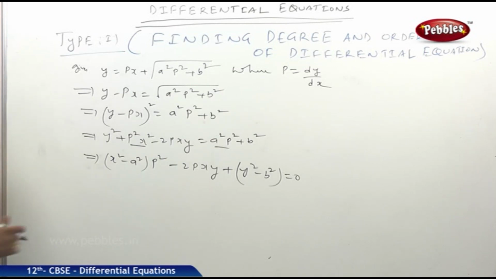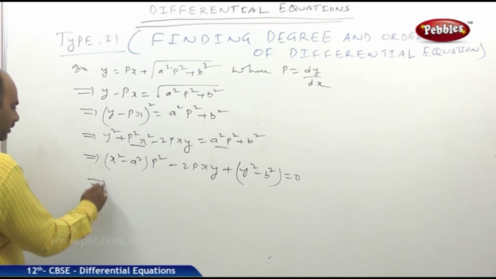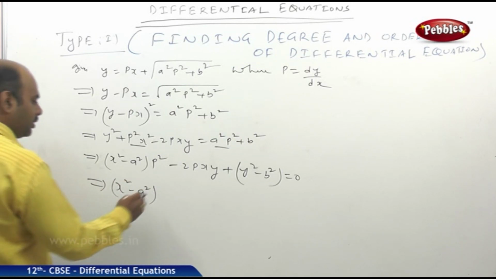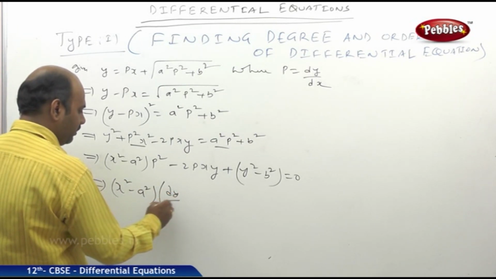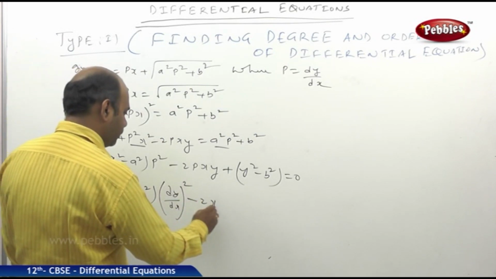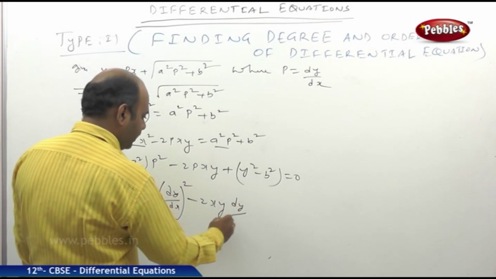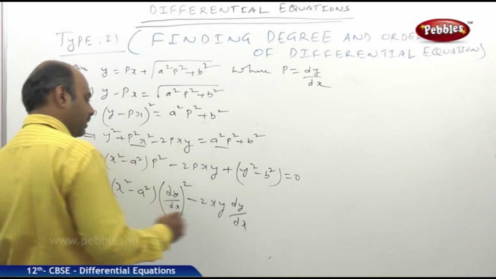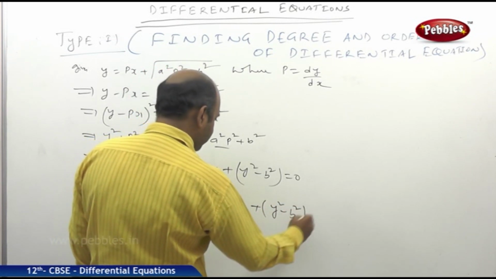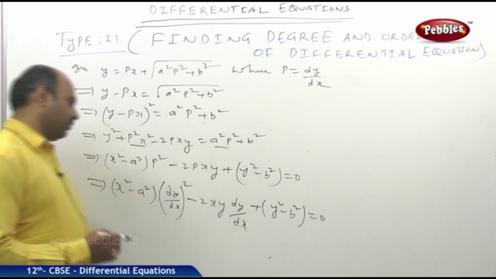In place of p I will substitute dy by dx. So x square minus a square into dy by dx whole square minus 2xy into dy by dx plus y square minus b square equal to 0.